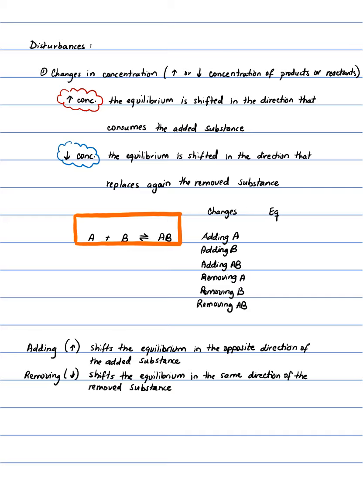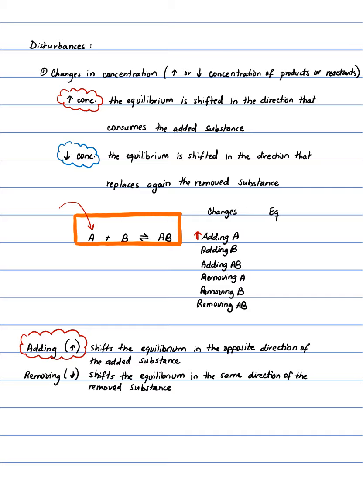So I'm going to start looking at A. A is a reactant, right? Now the change is adding more of A, which means that we're increasing the concentration of A. If you check, adding or increasing shifts the equilibrium in the opposite direction. If we're adding more reactant A, your reaction is going to find a way of going back to the original equilibrium.